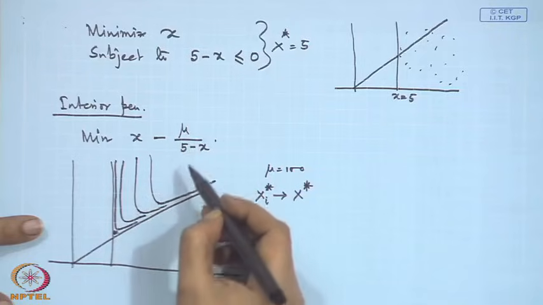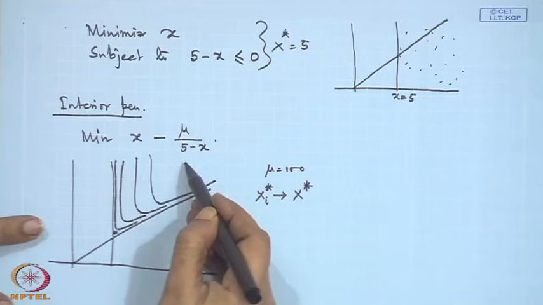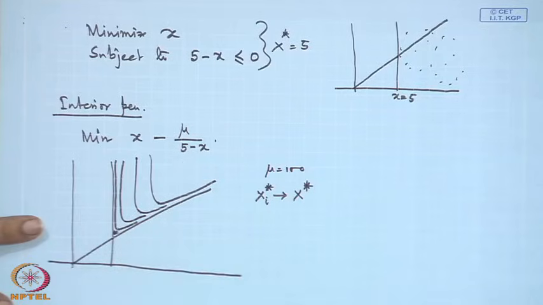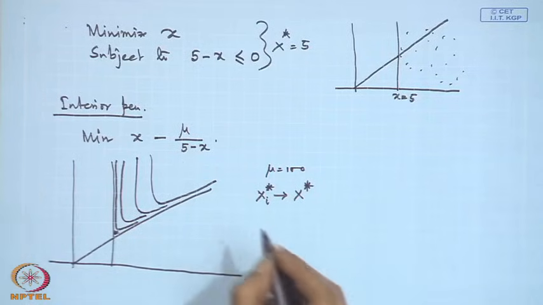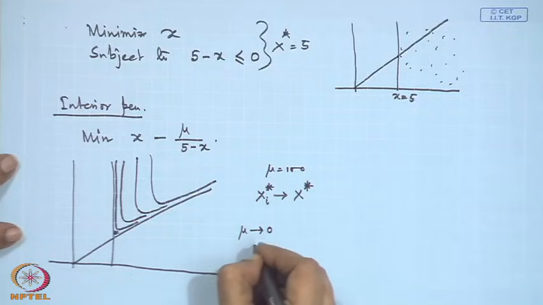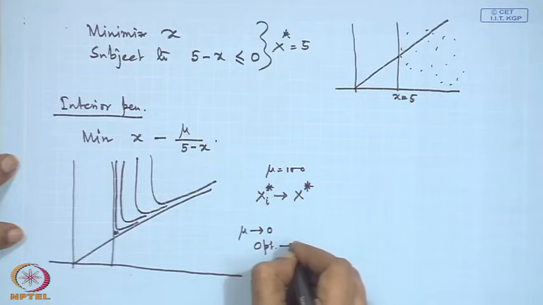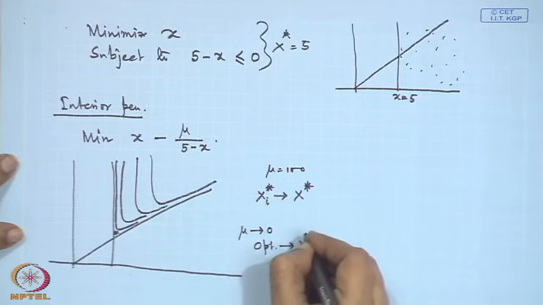This will automatically move through the feasible region and converge to the optimal solution. That is the interior method. Thus, we can summarize: if mu tends to 0, then the sequence of optimal solutions will converge to the optimal solution.